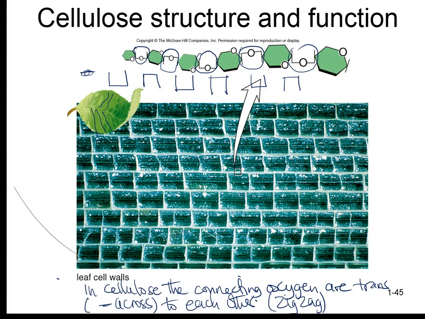But when you look at it, you see here it points up, here it points down. Here it points up, here it points down. So the connecting oxygens are in a zigzag position, or are trans to each other. That is cellulose.